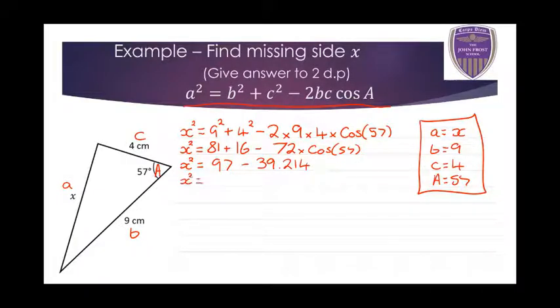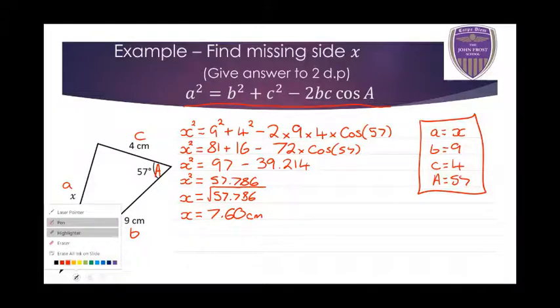Therefore, X squared is equal to 57.786. And the final step now, the opposite of X squared, we need to find the square root of the other side of the equation. So square root of 57.786 gives us an answer of X equals 7.60 centimeters, and that's to 2 decimal places.